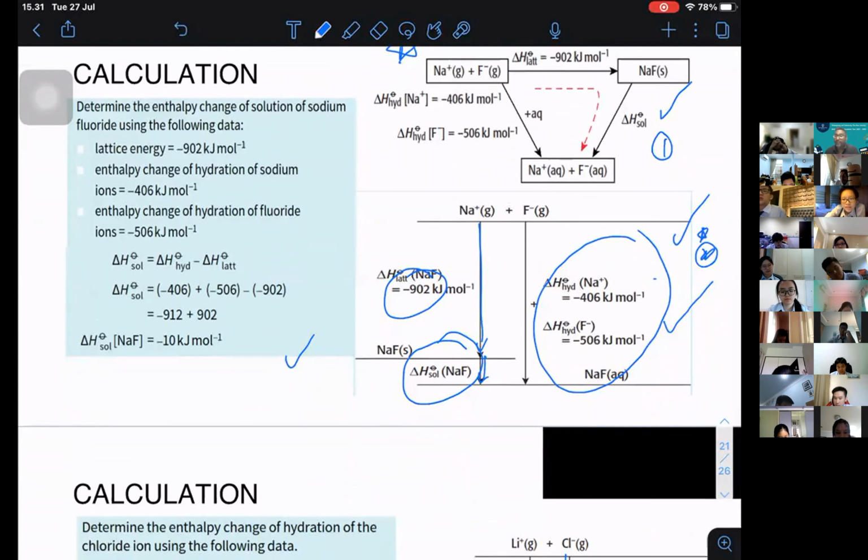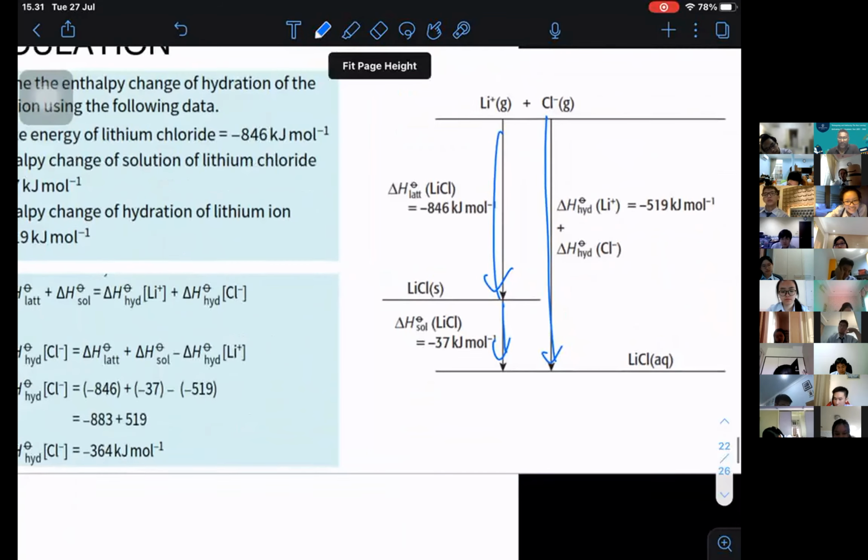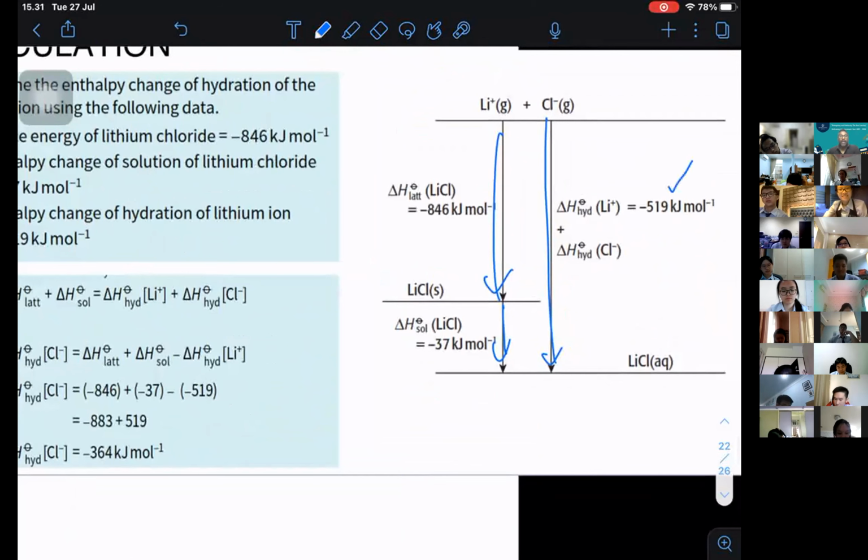So visualize: hydration on the right, lattice energy and your solution on the left. You need to remember that. The same thing applies here. You see the hydration. They give you the hydration of Li+. They didn't give you the hydration of Cl−. They have to be added together. So you have the lattice energy, you have the solution.